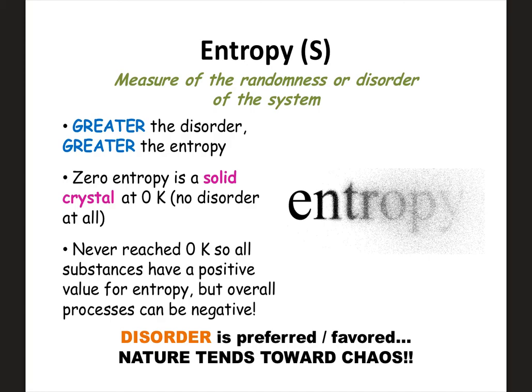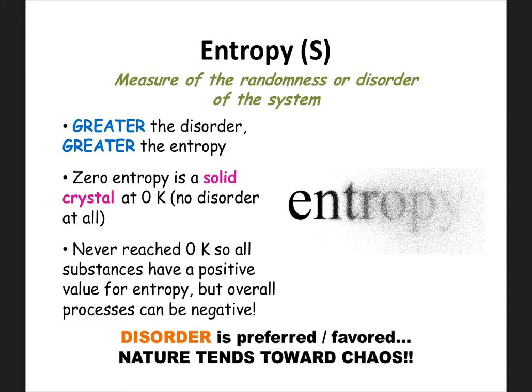When we're doing these problems, none of the substances will have zero for entropy, kind of like we saw with enthalpy problems. Our pure elements and diatomics were zero. That's not going to be the case here for entropy because we've never reached 0 Kelvin, so we won't ever have a zero value for a substance. It's always going to be a positive value for the entropy or the amount of disorder here of a substance.